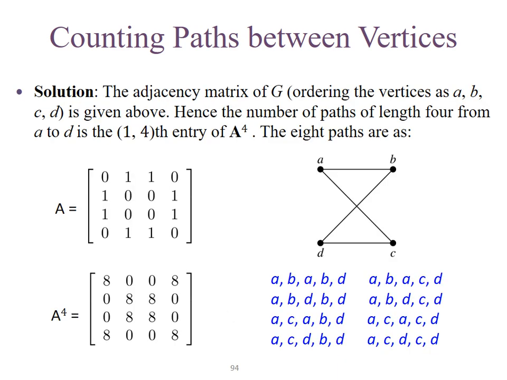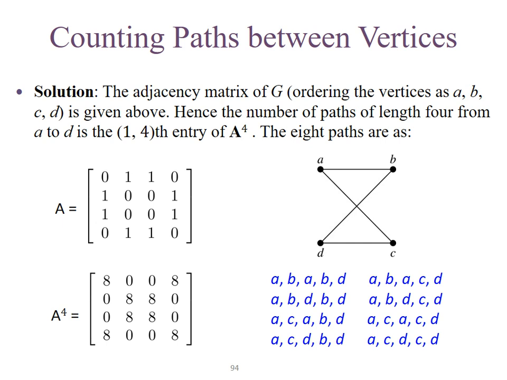So in this case, we first calculate A to the power of 4. In this matrix, we discover the entry 1, 4, which means the path number from vertex A to vertex B. So the number will be 8. That will be the number of paths from A to B of length 4. Okay, so we know the number is 8.